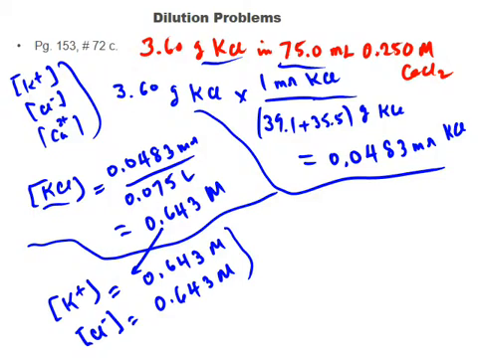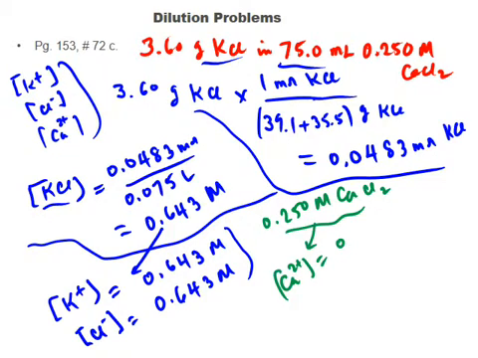Now let's find out what we're going to get from calcium chloride. 0.250 molar calcium chloride. So first write down that 0.250 molar calcium chloride. Now that breaks down into calcium 2 plus. Think of it this way: if 1 molecule of calcium chloride breaks down, you get 1 calcium. When 0.250 moles break down, you get 0.250 moles of calcium. So calcium 2 plus concentration is going to be 0.250 molar.